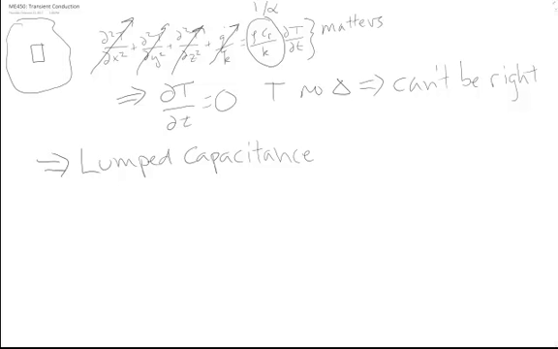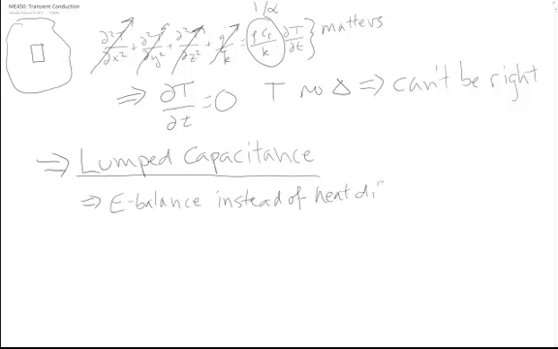Okay, so lumped capacitance. What lumped capacitance is all about is that we're just going to do an energy balance instead of the heat diffusion equation. Because the heat diffusion equation is all about trying to understand what the temperature distribution is inside an object. But when we do lumped capacitance, we're going to assume that the object is isothermal.